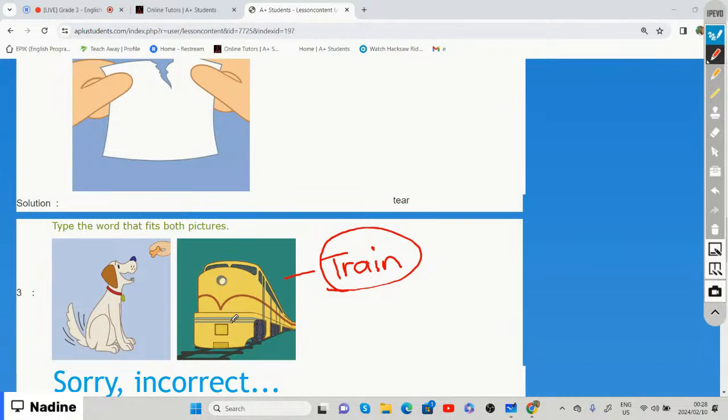And then here we have this moving transport that you find on the tracks, and we call it a train. So once again, these are homographs. The word is spelled the same, but the sound as well as the meaning is different.